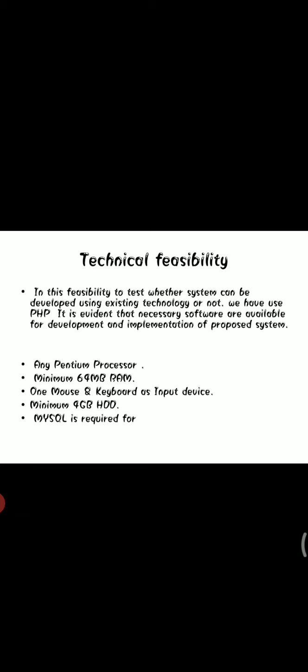The necessary software is available for development and implementation of the proposed system. The configuration needs any kind of Pentium processor, about 64 MB RAM, a keyboard, a mouse, and a minimum of 4 GB of hard disk.